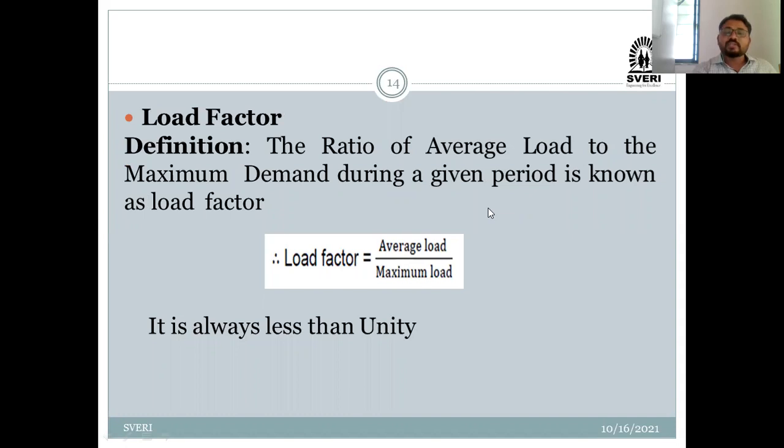Load factor is the ratio of average load to the maximum demand during a given period. What they want to say is that the load factor is a ratio, but of which two quantities? It is the ratio of average load to the maximum demand.